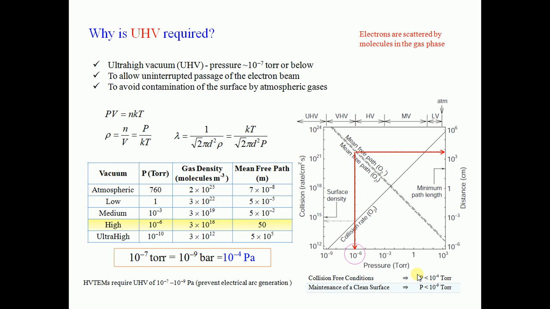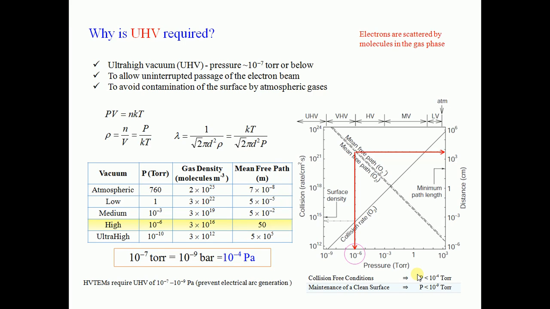Is vacuum needed in the electron column? The answer is yes, because we use electrons having very high energy. When the electrons travel in the column, they collide with the sample and get transmitted. There should not be any hindrance to the motion of these electrons. If there is an air environment in the column, there are a large number of gas molecules in the gas space, and the electrons are scattered.